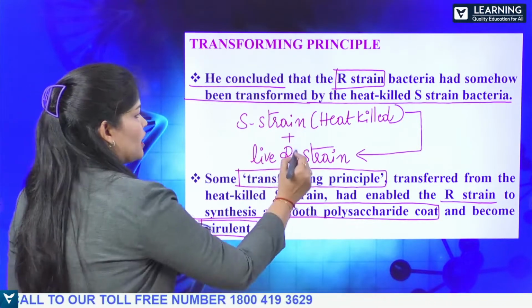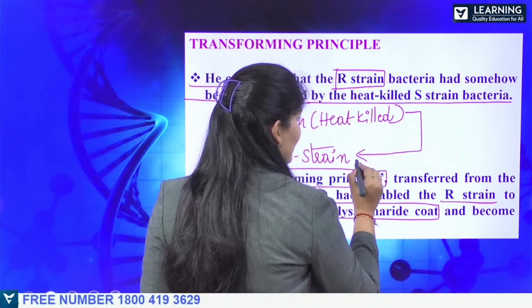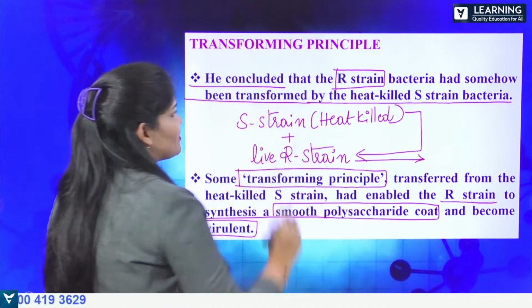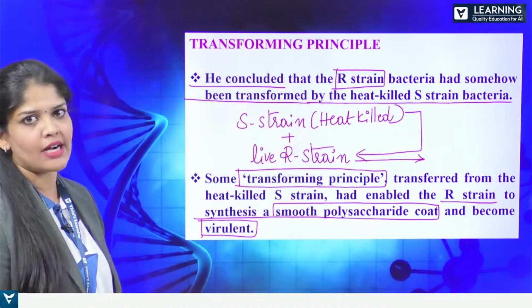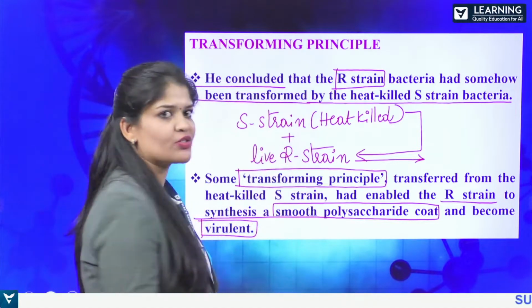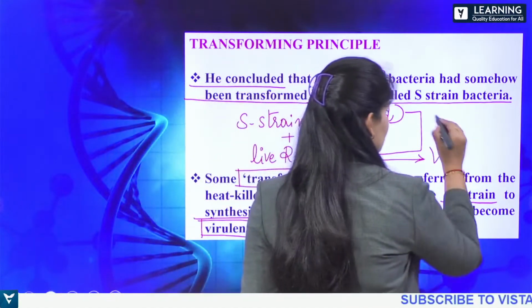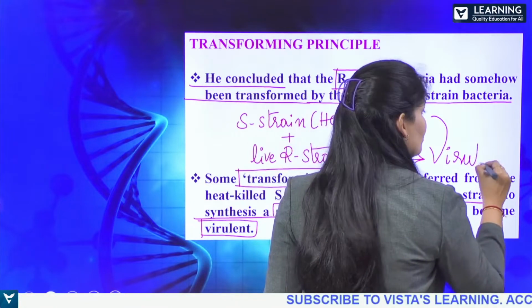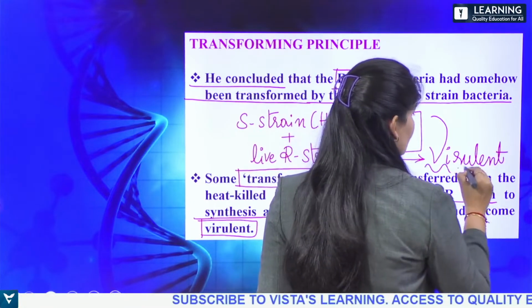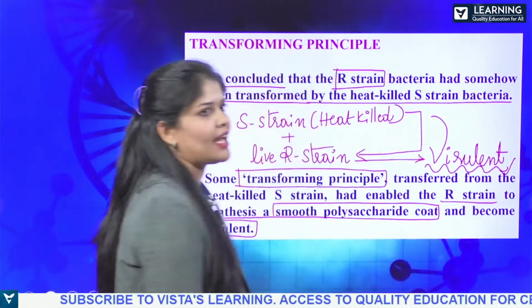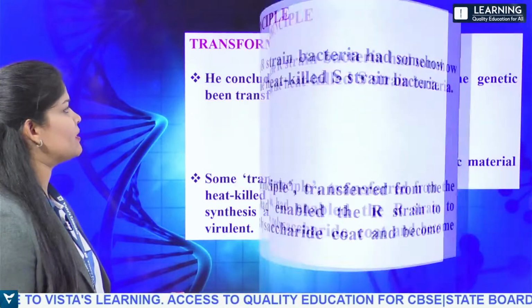So that is how, after some transformation has happened from heat-killed S strain to the live R strain, the live R strain becomes virulent, which is able to cause the disease. For this, he named it the transforming principle.